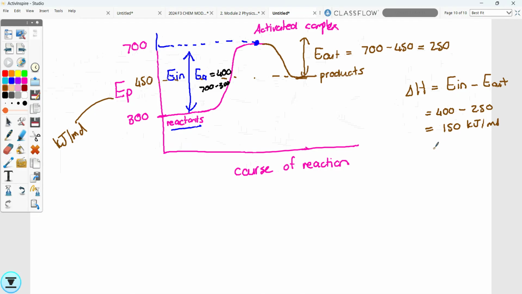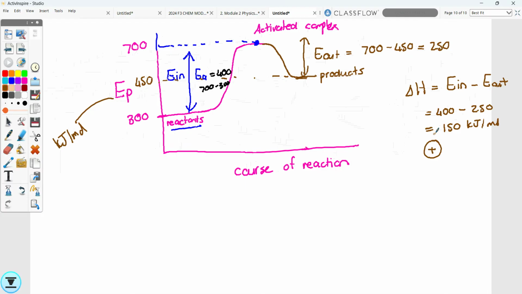And because the answer is positive, I know that the chemicals have now more energy. Where did they get that energy from? Environment. That is why the definition for endothermic is heat energy is transformed into chemical potential energy.